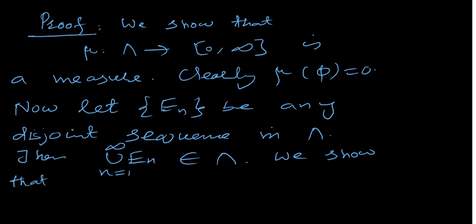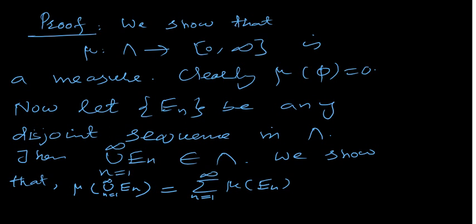We show that mu of this union En, n runs from 1 to infinity, is equal to the summation of mu of En, n runs from 1 to infinity. We have to prove this. In the finite case it is equal too, but we call that finite additive.